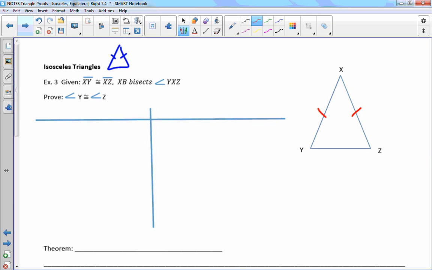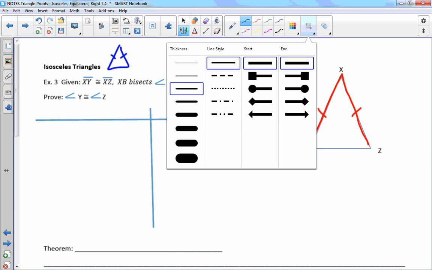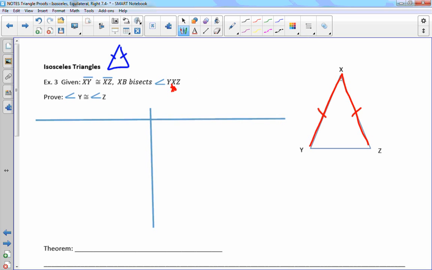This part of the given says XB bisects angle YXZ. What's the middle letter of this angle? So that's the vertex. So we're really looking at angle X. This angle. Angle X. What does it mean to bisect that angle? Okay, interesting. So if I cut the angle in half, I'm going to do a dotted line to show that.